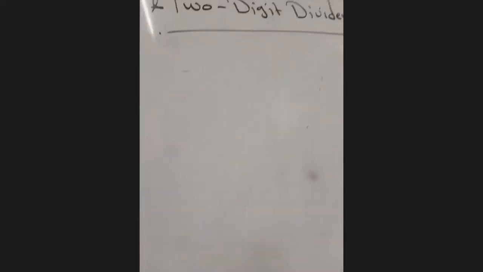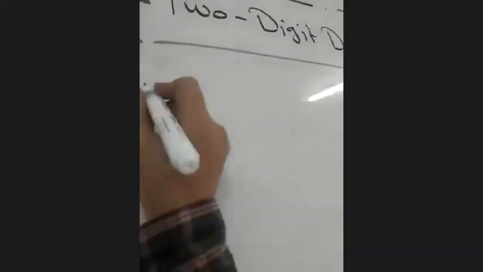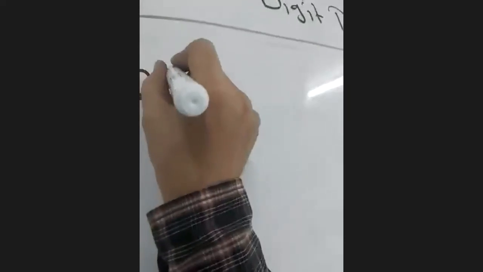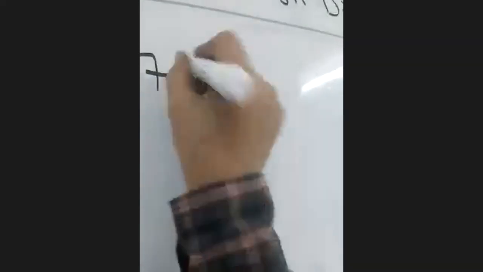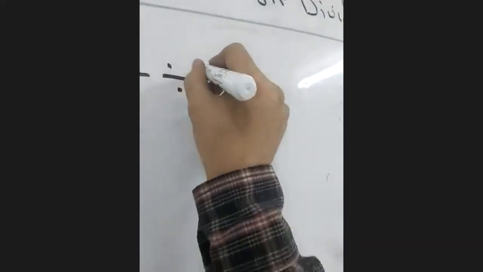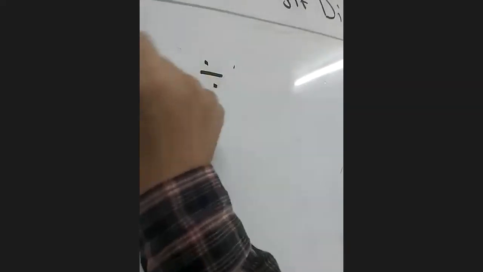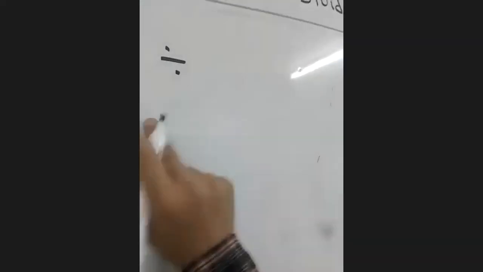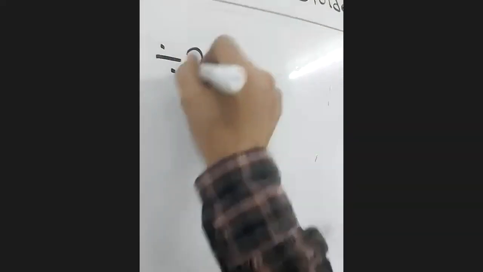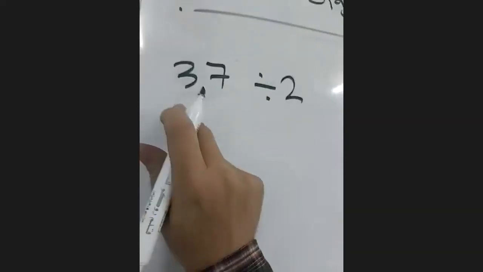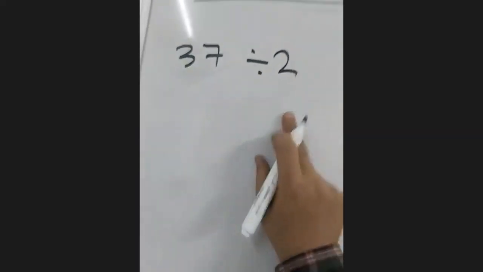Means if we have two numbers like this, look at the board, guys. 37 divided by 2.